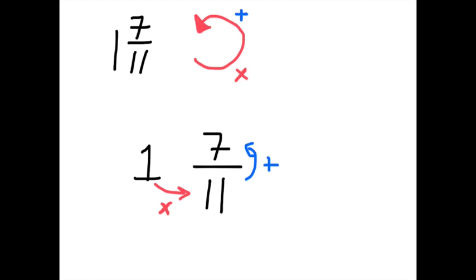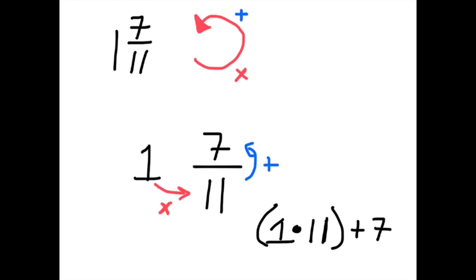So the way this looks as a mathematical equation would be, let me write this out for you, 1 times 11. Oh, Mr. Bornheimer keeps writing H's here. Not sure why. And I'm going to put that in parentheses so we know that needs to be done first. Plus 7.